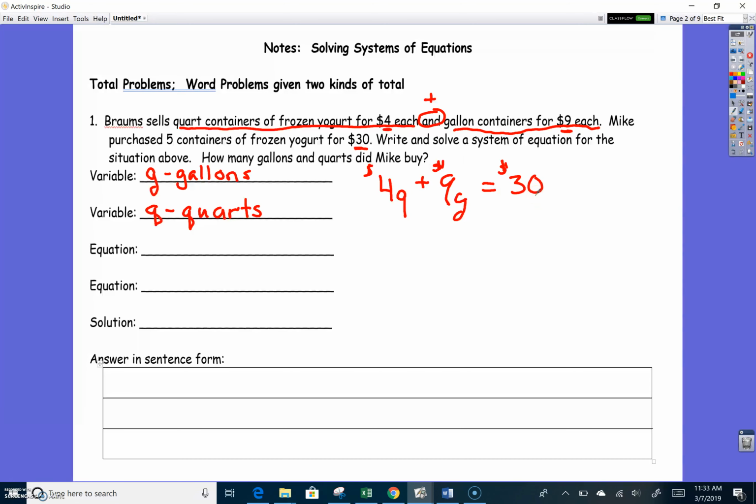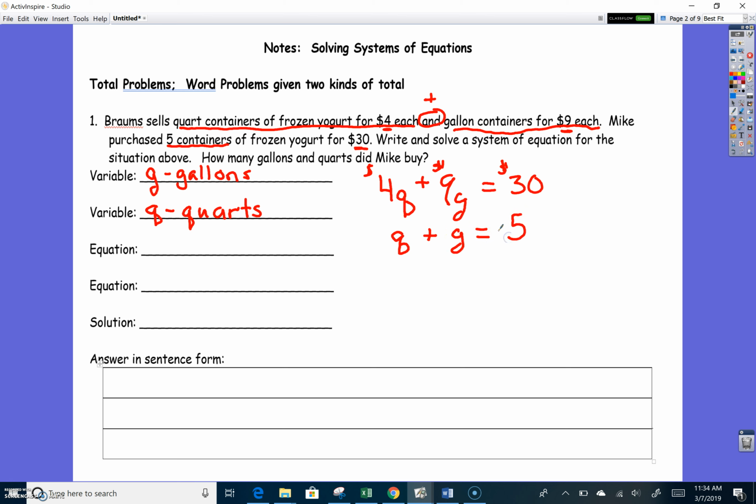Now, the other thing that we need to think about: quarts and gallons are containers, and there are 5 containers. So for the second equation, all you have to do is use the letters. Quarts plus gallons equals how many containers there are?